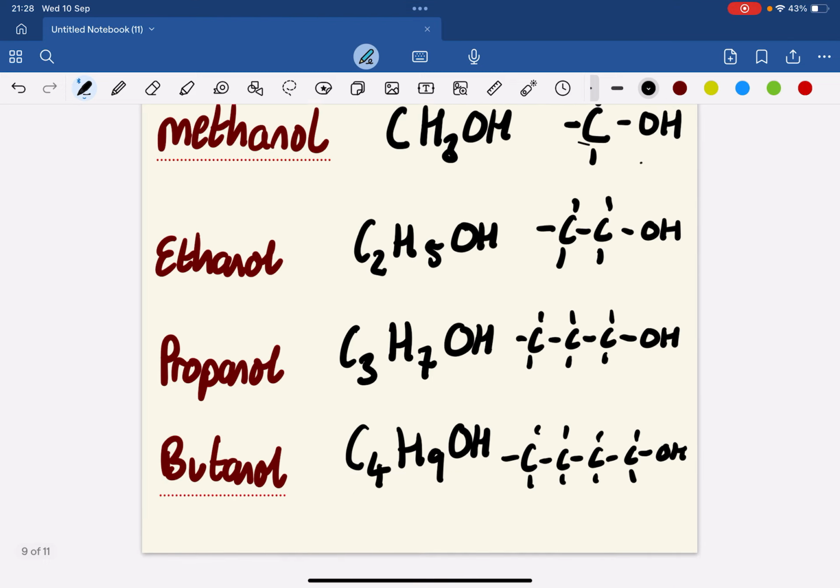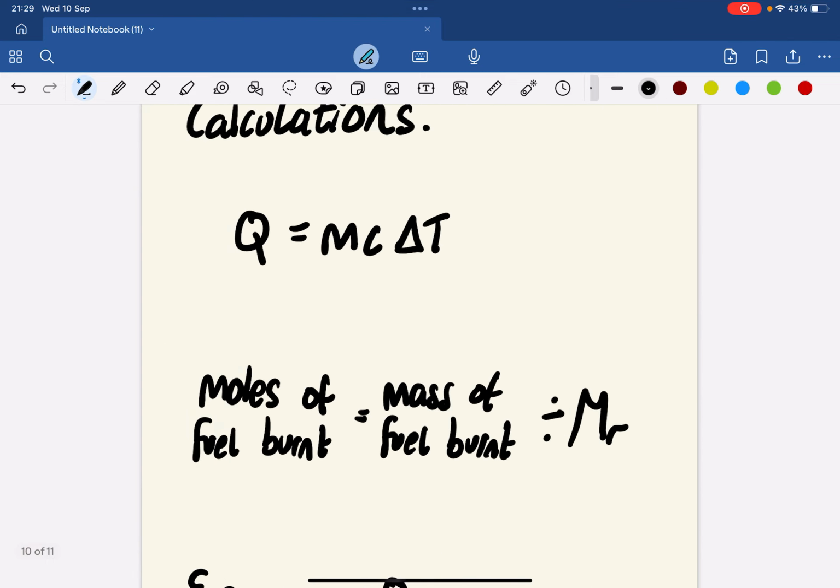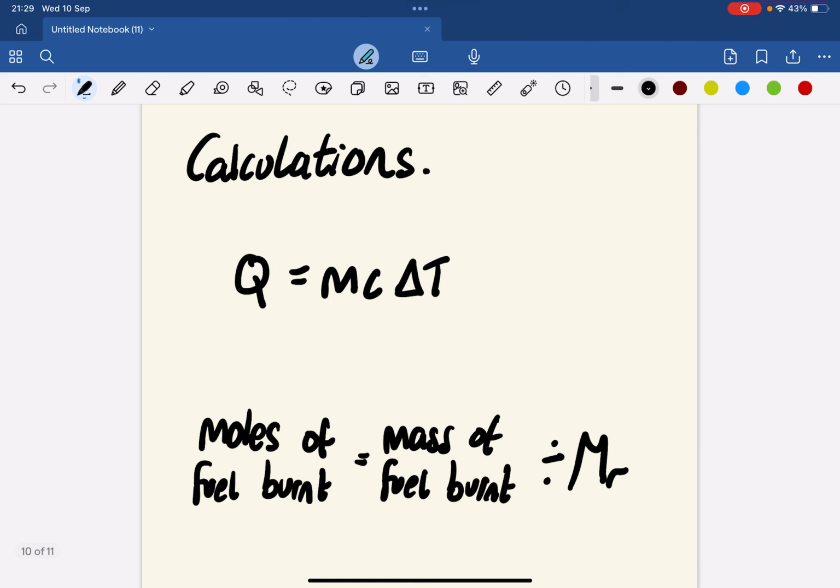Now, to do these calculations, we've got to be familiar with these following equations. The first equation here, with Q equals mcΔT, you might also recognise that from your specific heat capacity calculation in physics, and sometimes that Q just might be an E. So what we've got here is the energy, the thermal energy transferred within a system is equal to the mass times the c, which is the specific heat capacity.